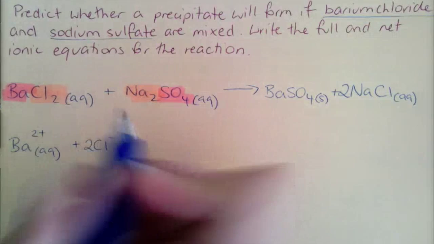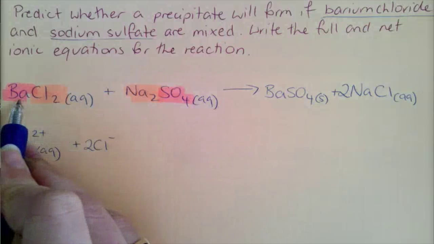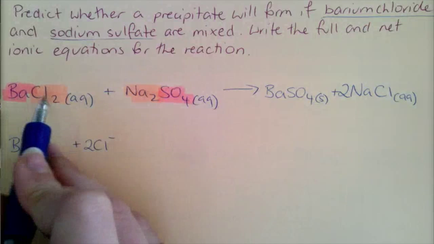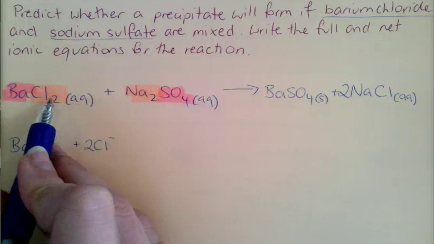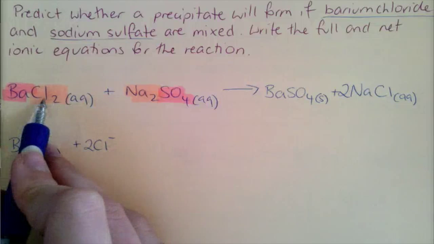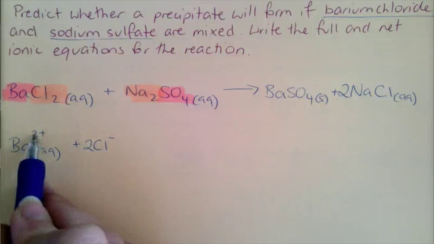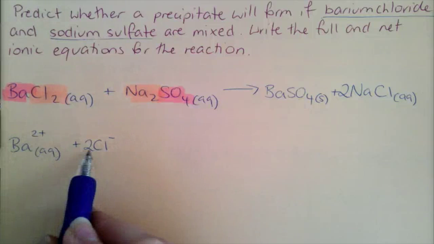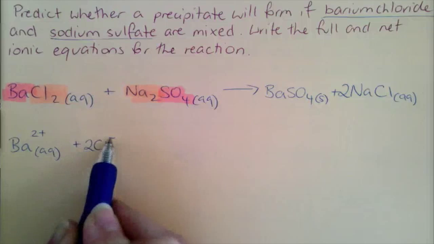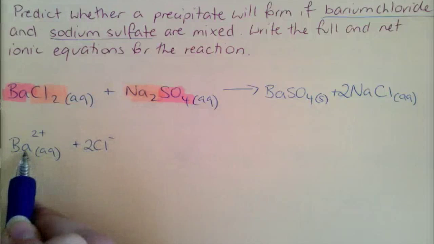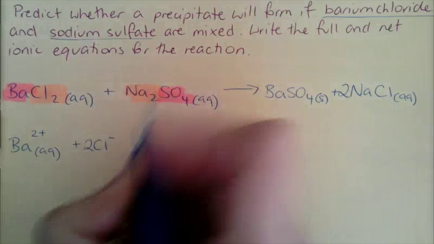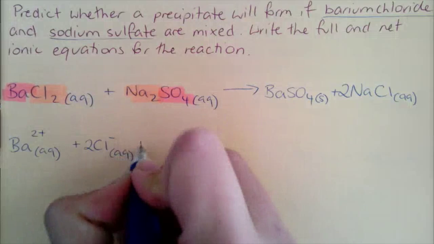And what that means is that in solution, for every one barium atom, we've actually got two chlorine atoms. Okay, so we've got one barium for every two chlorines. So here we've got one barium, splits off, and it has a +2 charge. And then we've got two chlorine minuses for every one of these. That's why the 2 comes out the front. That's also aqueous.